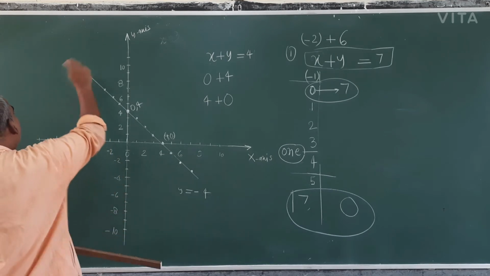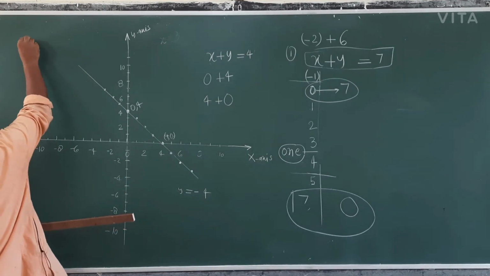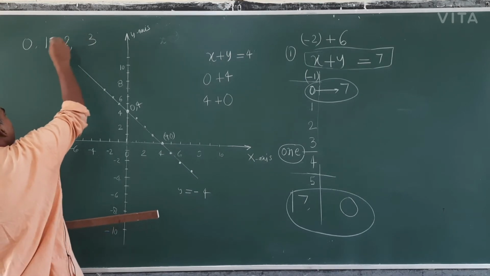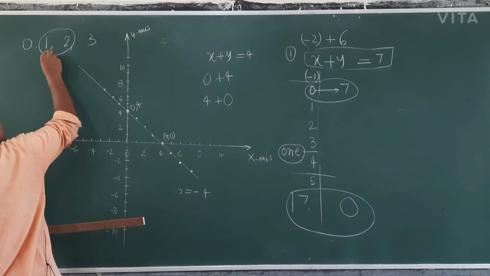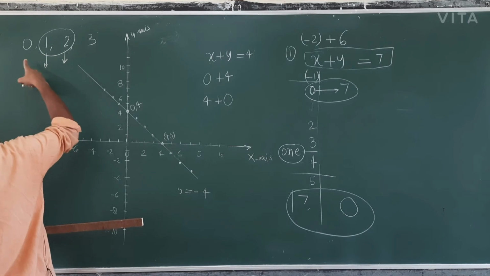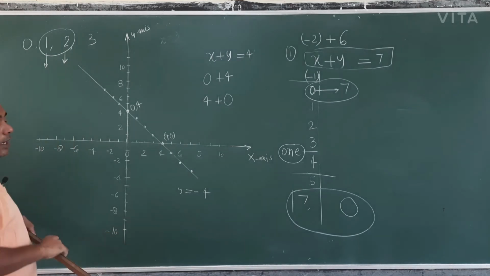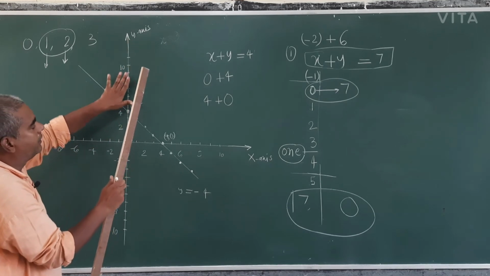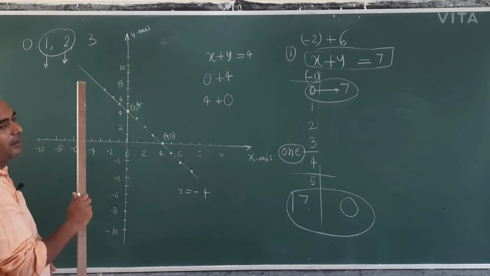So the line will cut at 1 or 2 points, and 3, no. You can't draw any line such that the line will not cut the x-axis or y-axis.